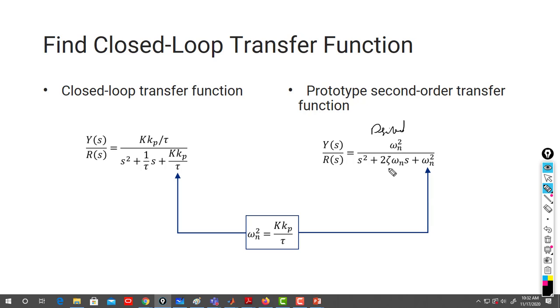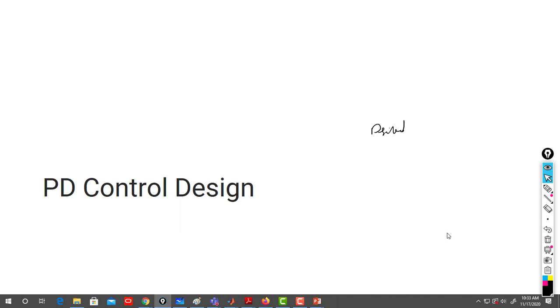Those are related to your desired pole location compared to the open loop location. So you shift your open loop to a desired closed loop. You change the pole location at the end, or we call it pole placement. By doing a simple comparison, we can find kp by knowing omega n. That's what we call proportional control design.